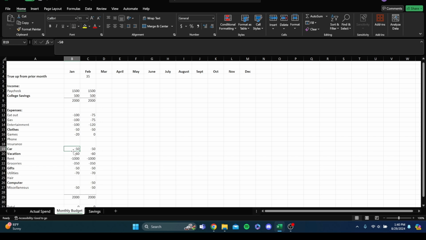Again, this doesn't mean you're like spending $50 a month on your car. This is just setting money aside so that you have it just in case. This could be for something like having to get a new tire, right? Having to get, I don't know, something to your car done, right? Like let's say something blew out in your car and you got to get something done.